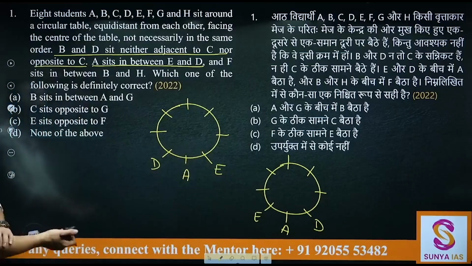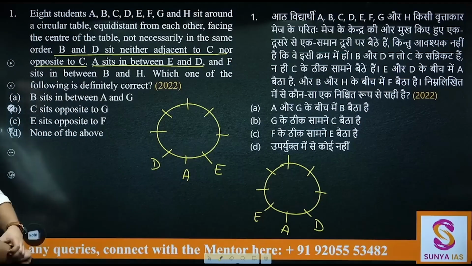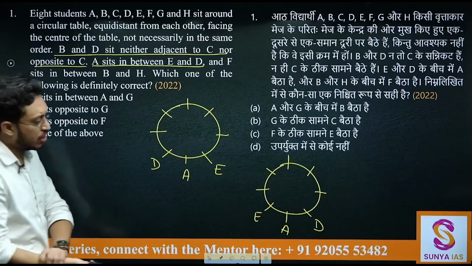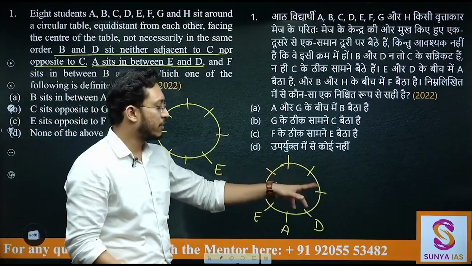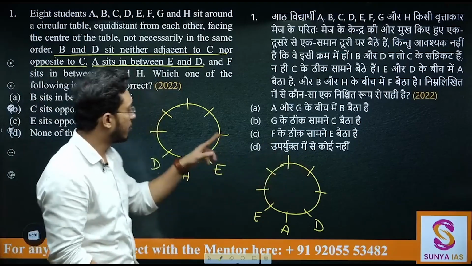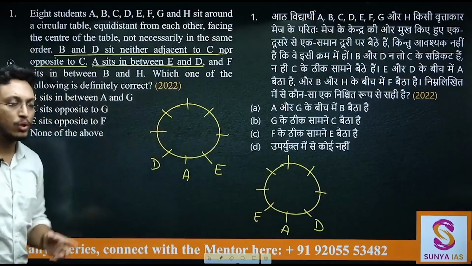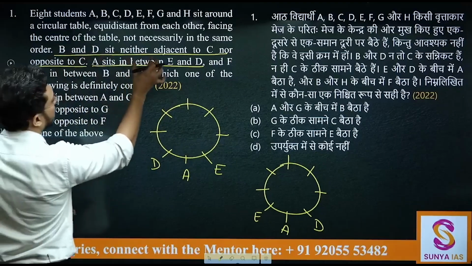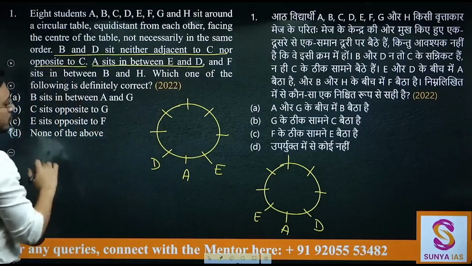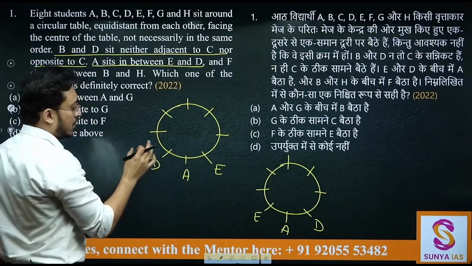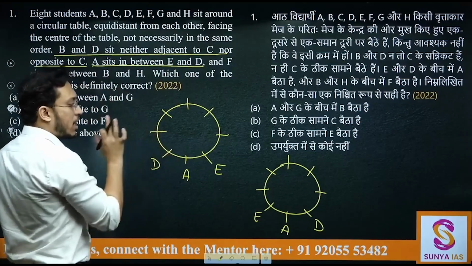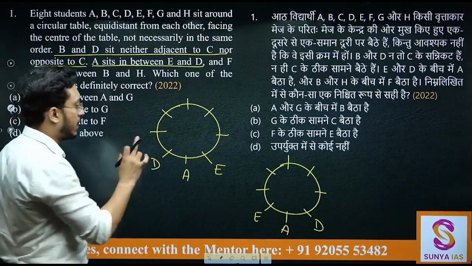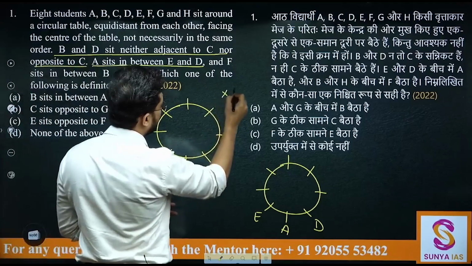Next, it is said that F sits between B and H. So F is somewhere sitting between B and H. तो अब यहाँ कहीं F, B और H होगा. बट अब थोड़ा सा एक और इन्फॉर्मेशन जो दिया उस पर बात करते हैं. B and D sit neither adjacent to C nor opposite to C. That means D is not adjacent to C and D is not opposite to C. That means C is not here.